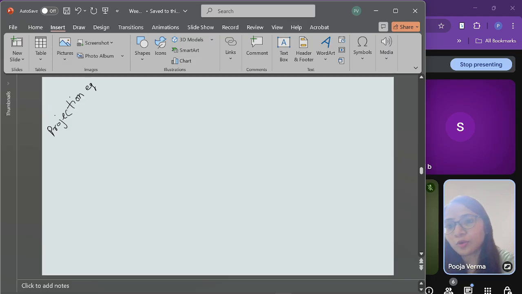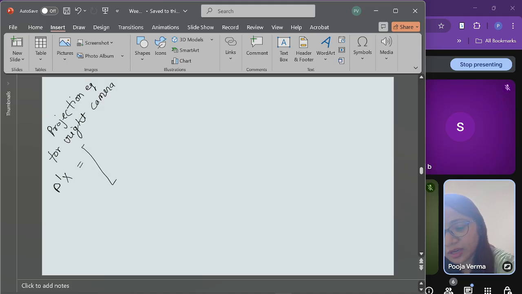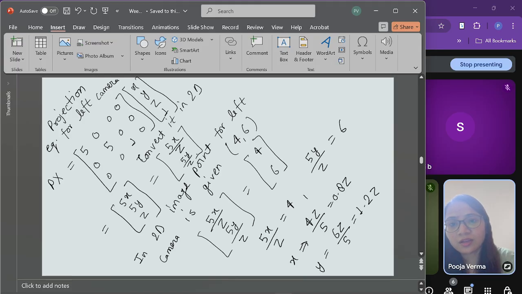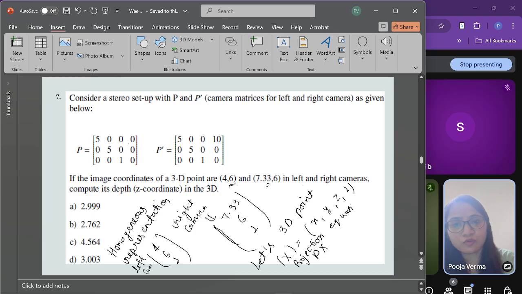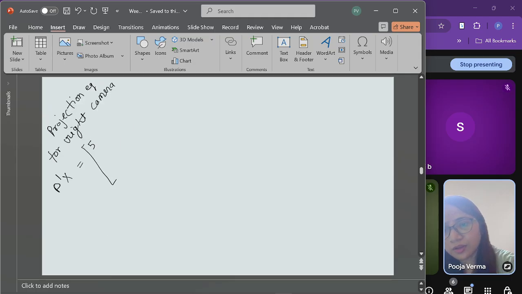Okay. So now the projection equation for the right camera. The projection matrix for the right camera is represented as P dash, right? So P dash X is equal to the given image point. The matrix is given in the question: 5, 0, 0, 10, then 0, 5, 0, 0, then 0, 0, 1, 0, and the point X we have assumed is x, y, z, 1.